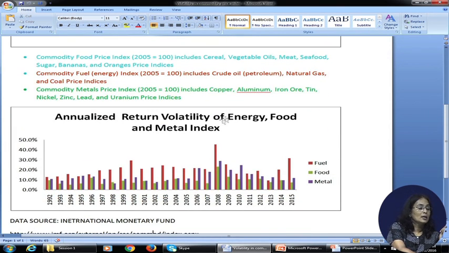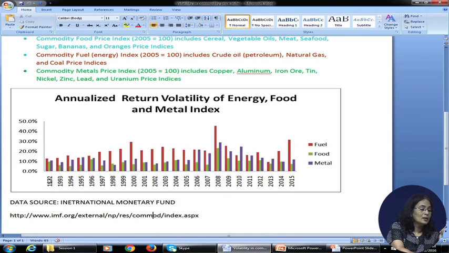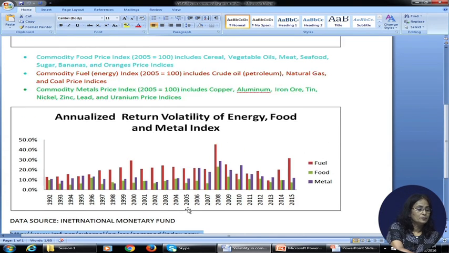The second graph represents the annualized return volatility of these three indices, and as can be seen, the return volatility of these three indices has increased as the years have gone by. And from where have I collected this data? The data source is the International Monetary Fund, and the link to the International Monetary Fund is given here.